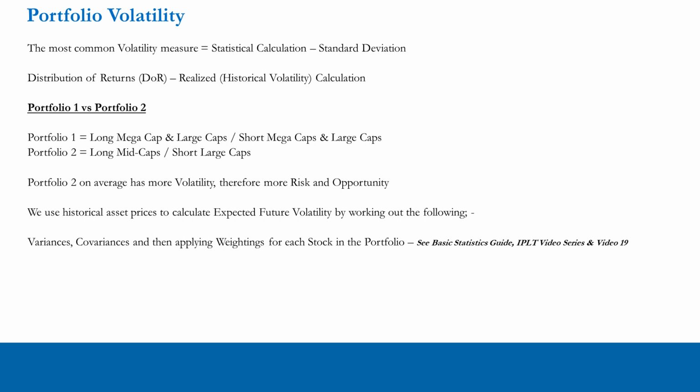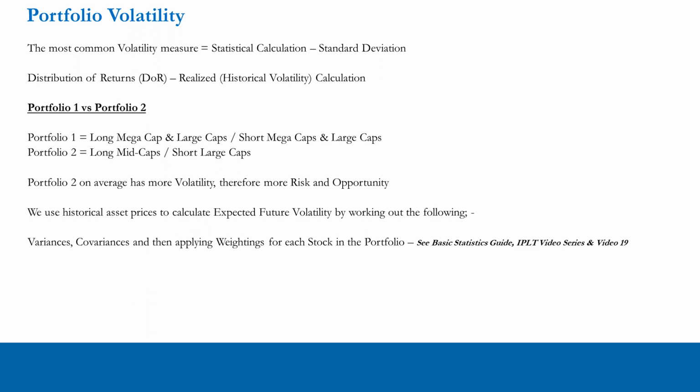If you recall, Chris modeled two portfolios: portfolio 1, long mega cap and large cap stocks versus short mega cap and large cap stocks, and portfolio 2, long mid caps versus short large caps. Portfolio 2, on average, has more volatility, therefore it has more risk and opportunity.